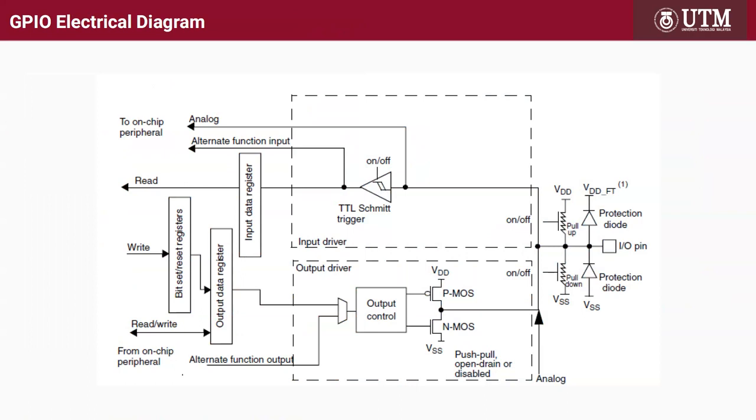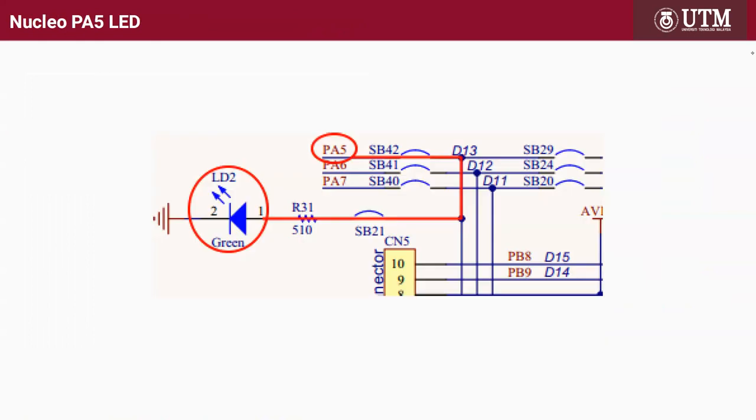Here is the GPIO electrical diagram. By default, all the pins will be in GPIO mode. Later we will see what to do with this, so keep that in mind. As we've seen just now, PA5 is connected to the LED, and it uses a 510 ohm resistor. Very funny value.